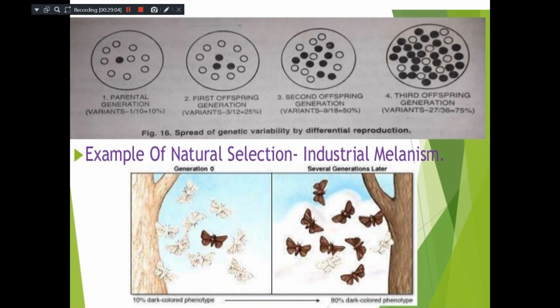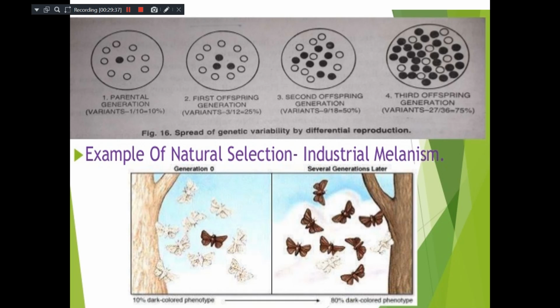The predators could easily identify the grey colored pepper moths and they started feeding on them. As a result, in the next generation, the reproductive success of the dark colored pepper moths was very high because they were more in number. They could pass on this dark coloration to the next offspring. So in the second generation there was an increase of 25%.